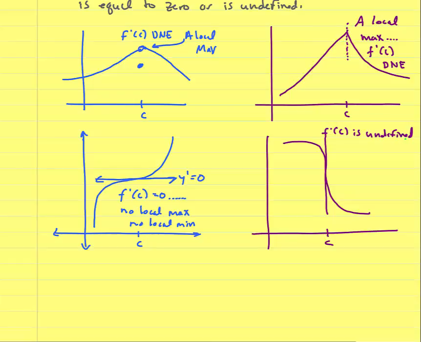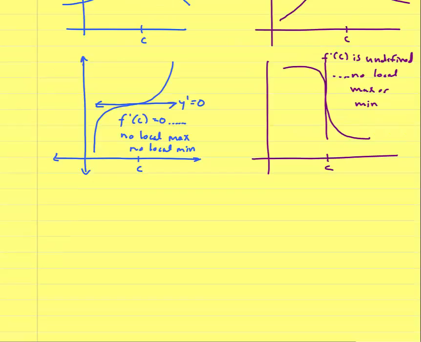So we can see that it doesn't exist, but there's no local max or min here either. So what we figured out is, even though the derivative was equal to 0 on the left and the derivative was undefined on the right, I still didn't have an extrema. So whenever I find these critical numbers, it's not a guarantee of anything. I still have to check it.